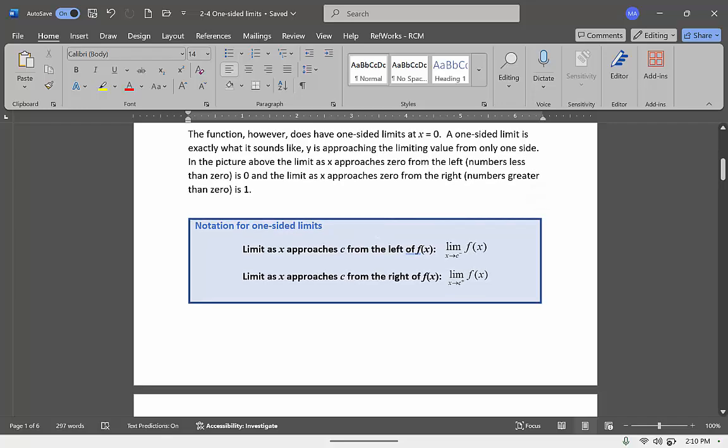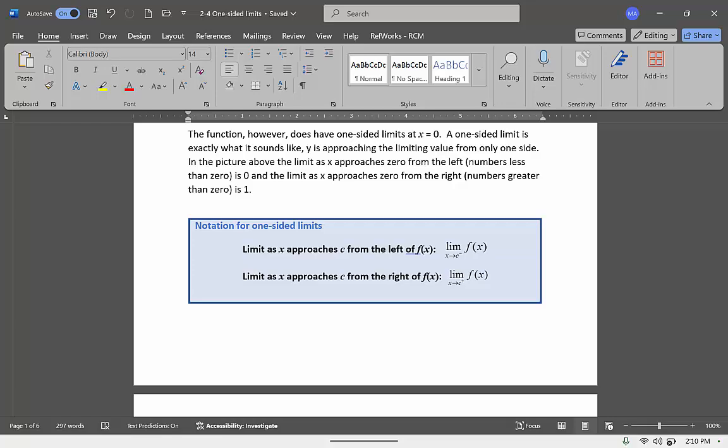The notation that we use for one-sided limits is as follows. If we want the limit as x approaches c from the left, which would always be numbers less than c, we write the limit as x approaches c with a little superscript of a negative, indicating from the left, of f of x.